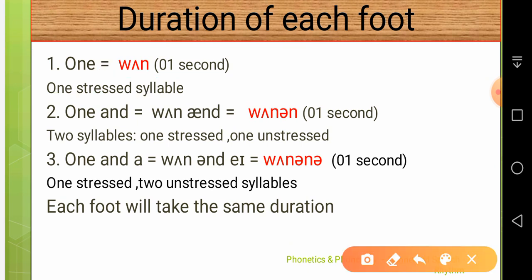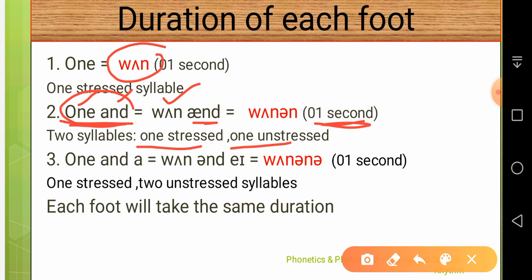Now here is another, one and. It has got two syllables, so one is stressed and another is unstressed. But the same amount of time will be utilized in articulation of these two syllables. Let's say if this takes up 1 second, these two put together will take up 1 second.